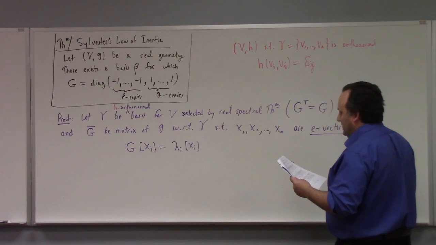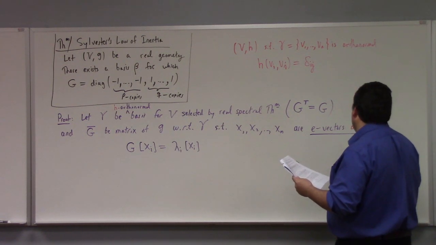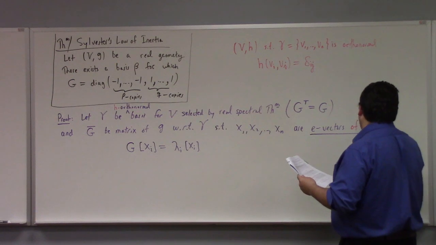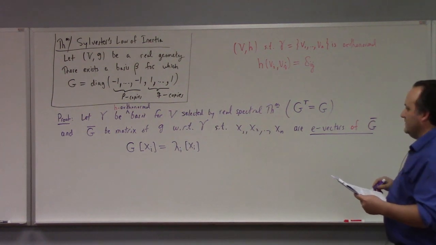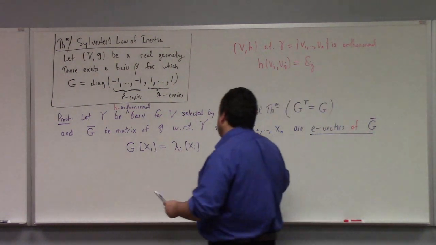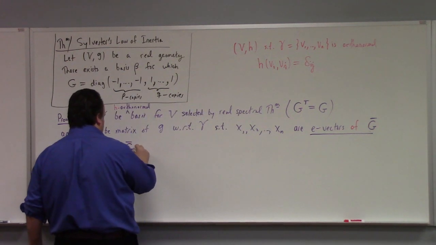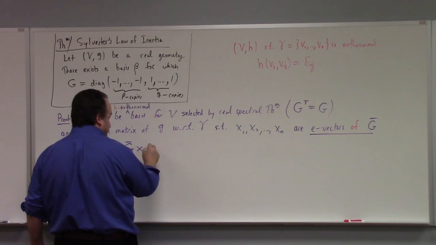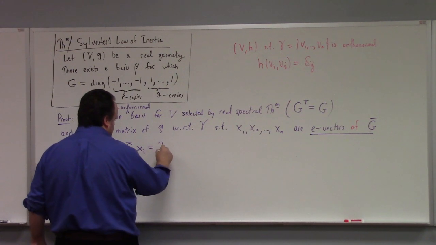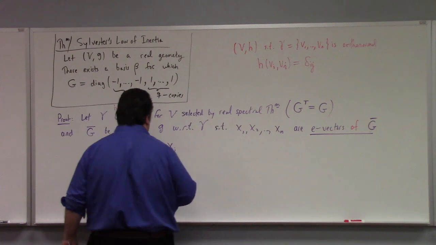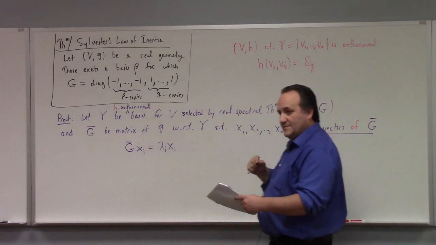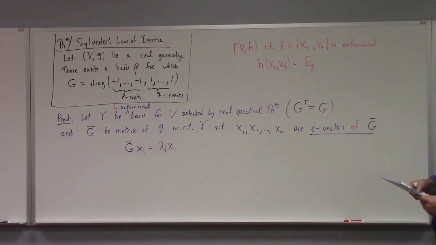Capital G bar, yeah. So okay, fine. That means that these are actually column vectors. I did say sketch in the notes, so I'm trying to make it slightly less sketchy.